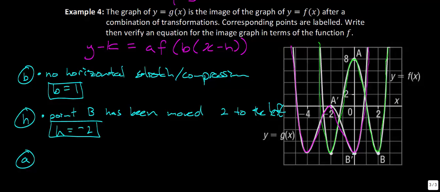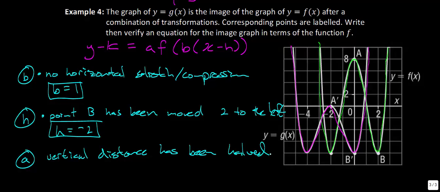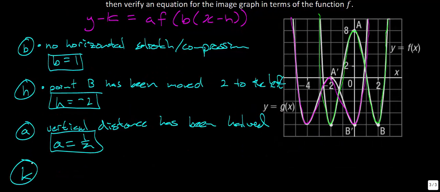So we know that it's been halved. So the vertical distance has been halved, and so then we know that a is going to be equal to 1/2, like so.